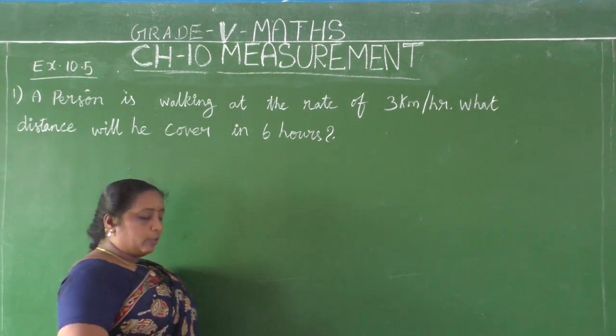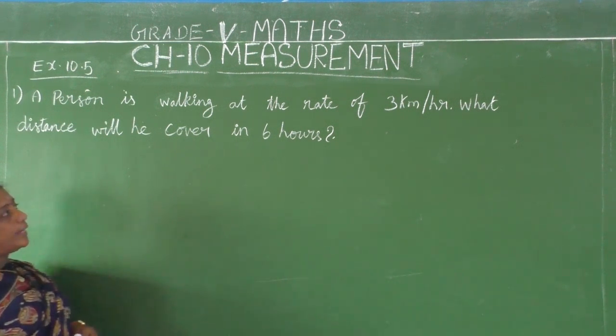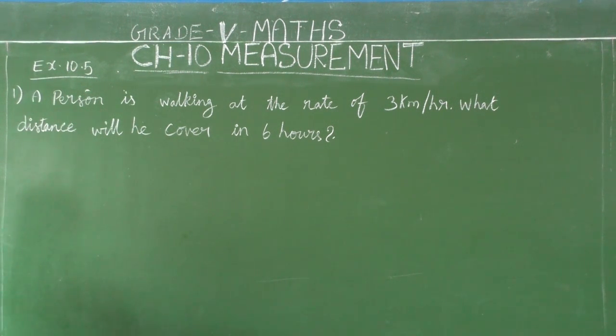Listen, I read the question one more time. A person is walking at the rate of 3 kilometer per hour. What distance will he cover in 6 hours?